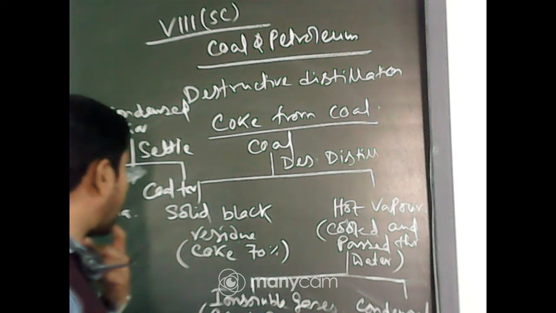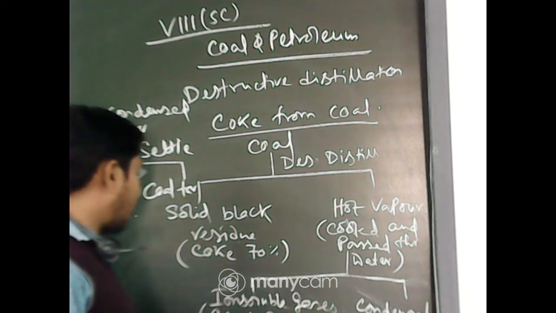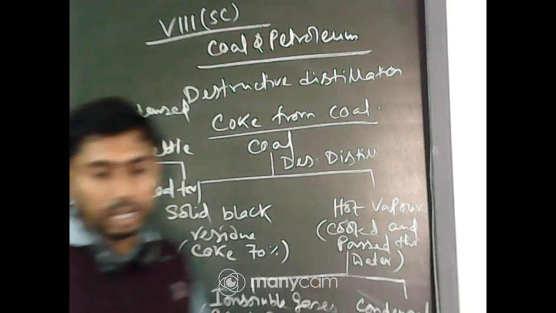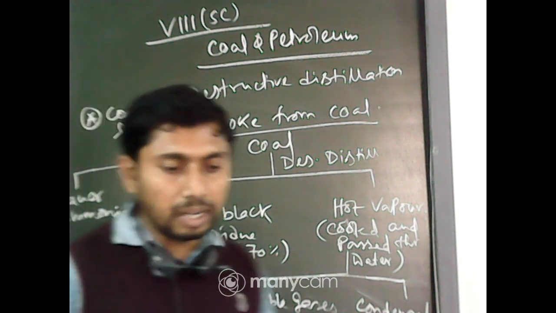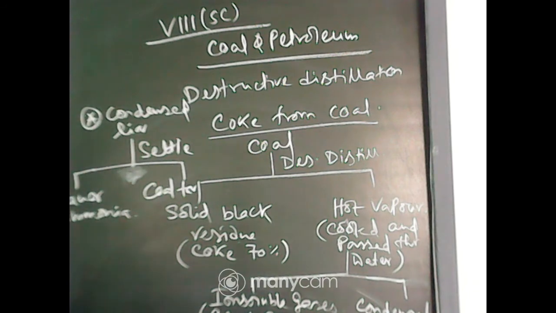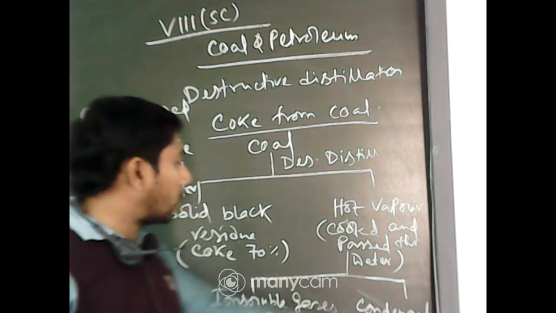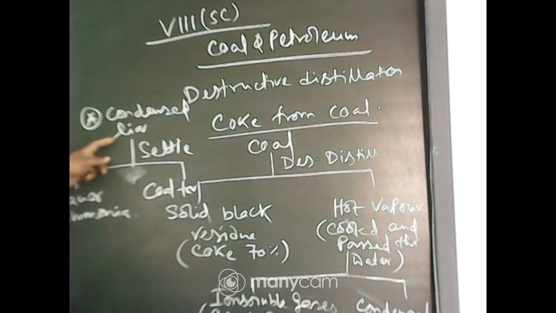The other arm is condensed liquid. The condensed liquid, when settled down, is divided into two more parts. One is liquor ammonia, another one is coal tar.